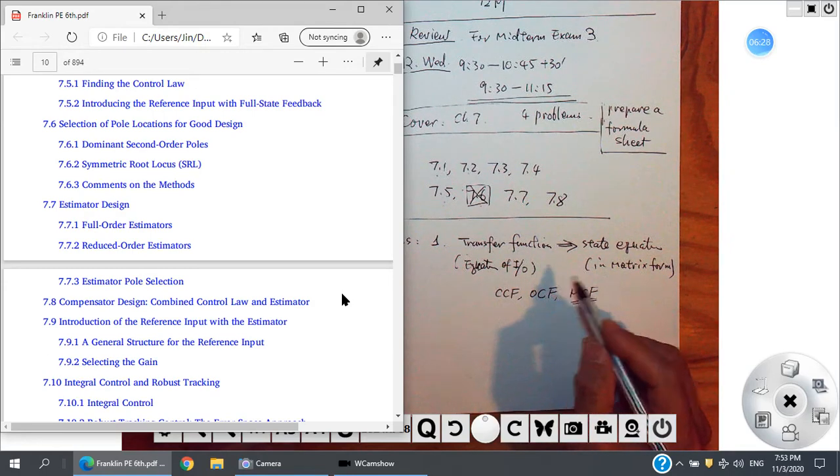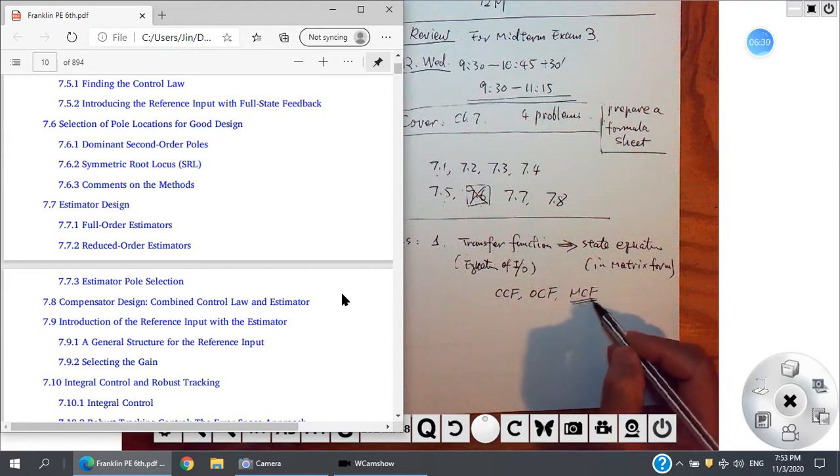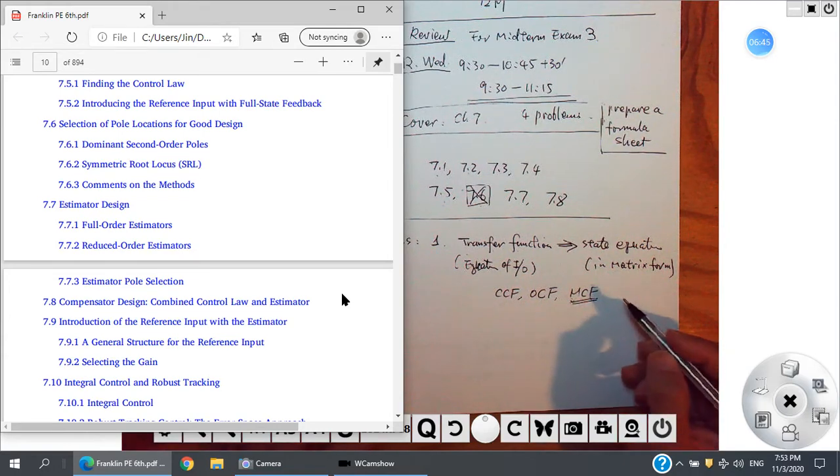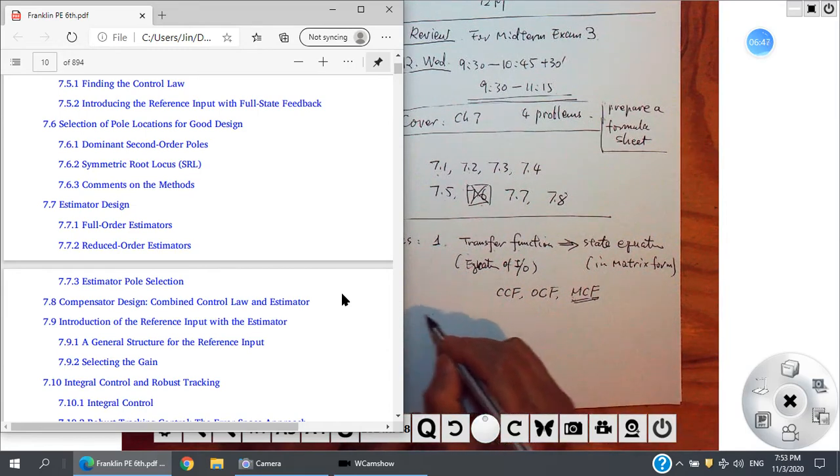So for MCF, you can have a lot of different choices. If you need to solve a problem, you find the MCF; you can find any one, that will be fine. The result is not unique. You find one, that will be fine. So this is the first topic.